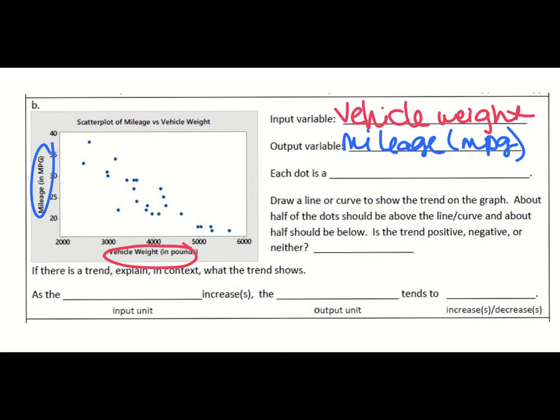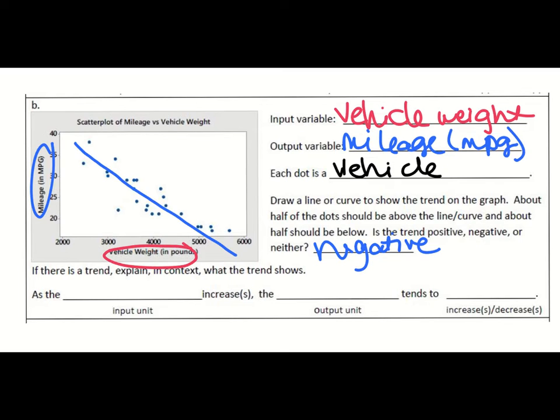And then each dot basically represents a vehicle. So whatever vehicle it is. It says draw a line or a curve to show a positive or negative trend. So I'm going to try to draw it. So there's about half of them above, half are below. This is a negative trend.